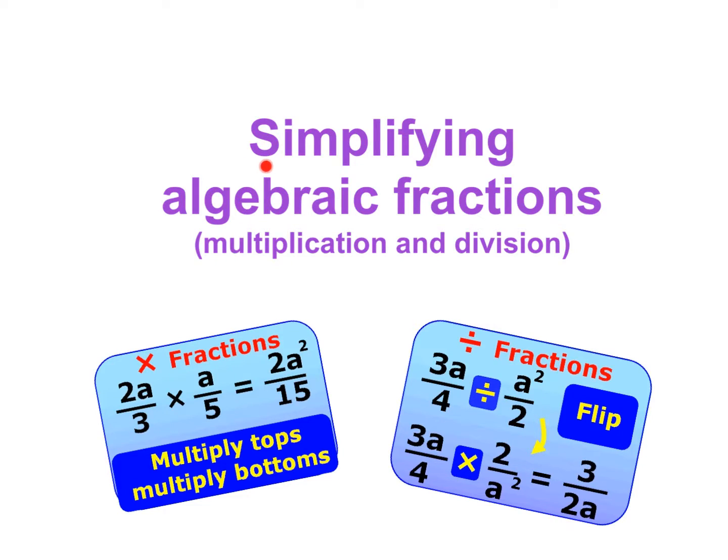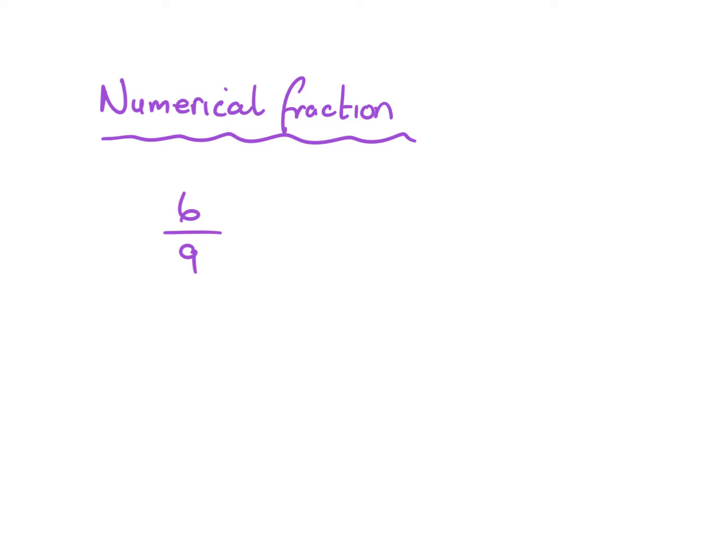In this video, we will be looking at simplifying algebraic fractions, specifically looking at multiplication and division. If we look at a normal numerical fraction, we can simplify it like this. We can say that 6 is the same as 2 multiplied by 3, and 9 can be written as 3 multiplied by 3.